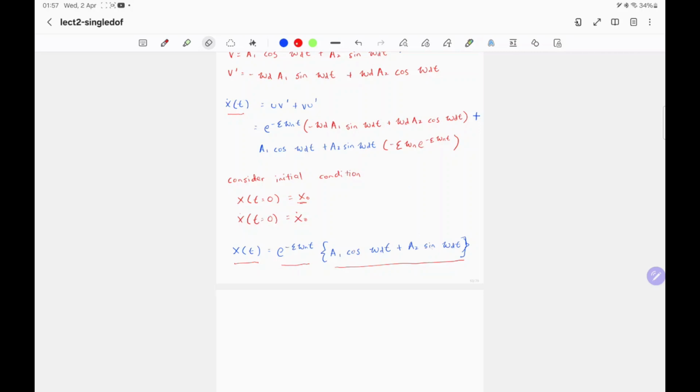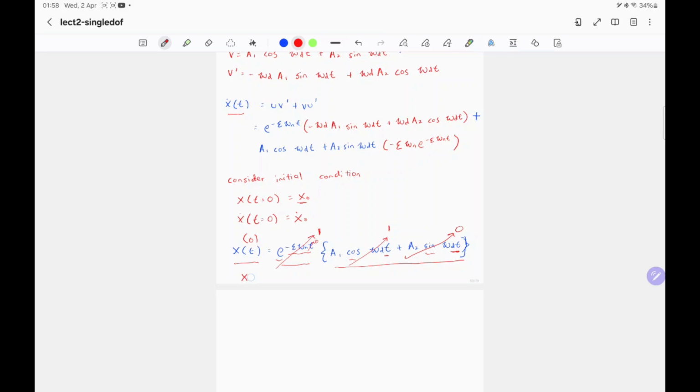When t is equal to 0, e to the power of 0 becomes 1, cos 0 is 1, and sin 0 is 0, so everything else becomes 0.